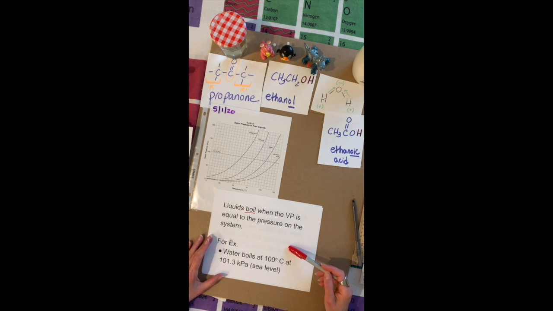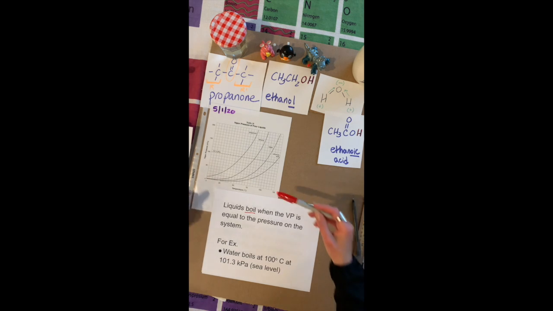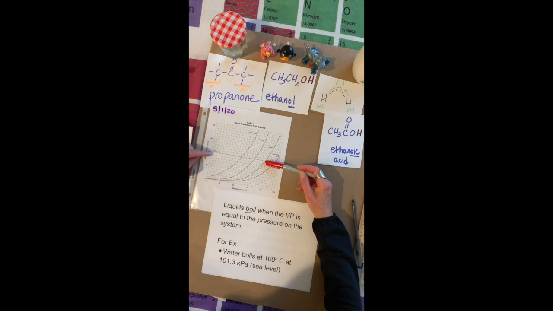So let's look at some examples. Water boils at 100 degrees Celsius at sea level. And that's when you have 101.3 kilopascals. So as a reminder, right, we read up, we're right here. That is where water boils.